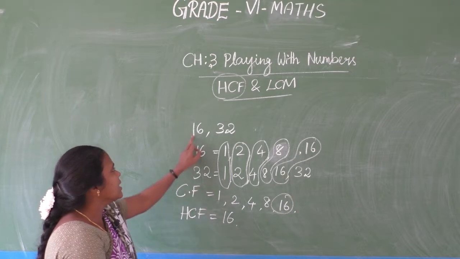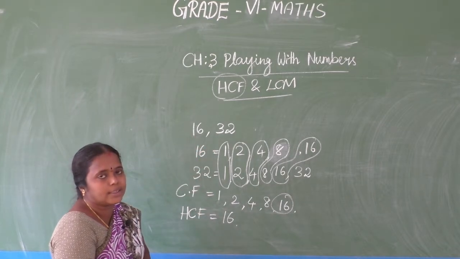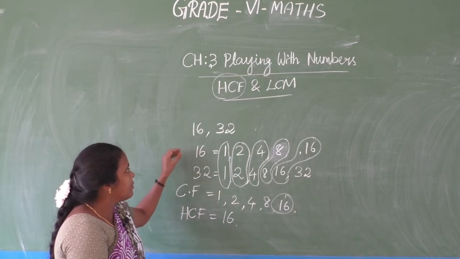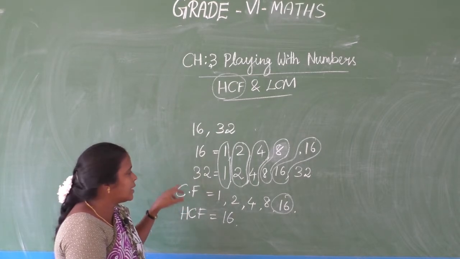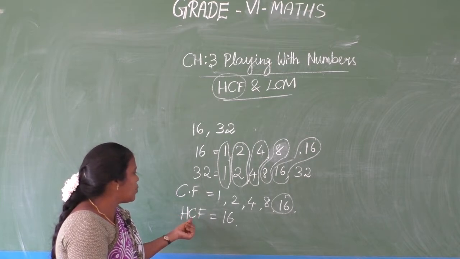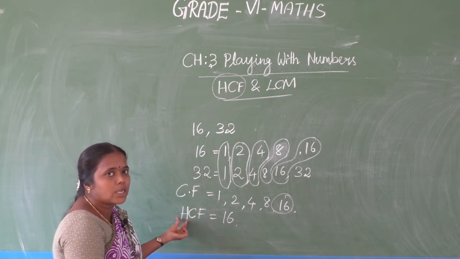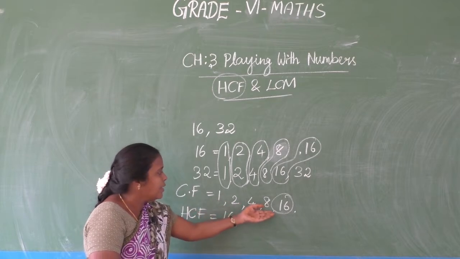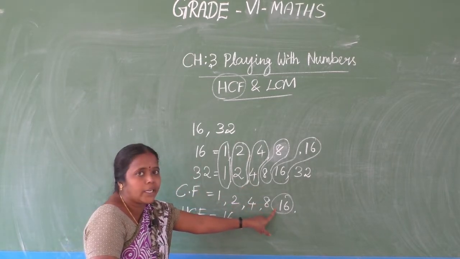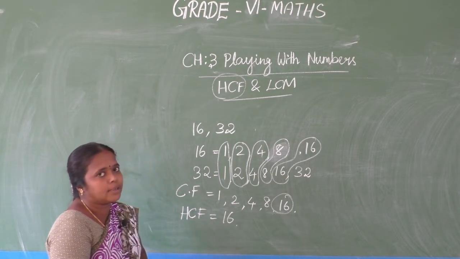Understood, children? Usually we find the factors of the given numbers and then the common factors. Additionally we are now seeing the highest common factor: among the common factors of the given numbers, the one which is the highest is our required answer.